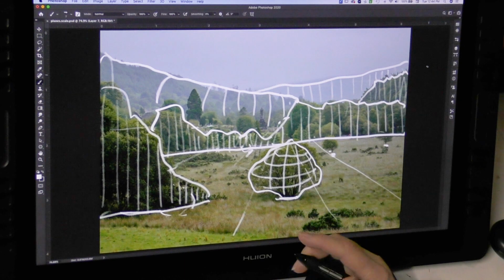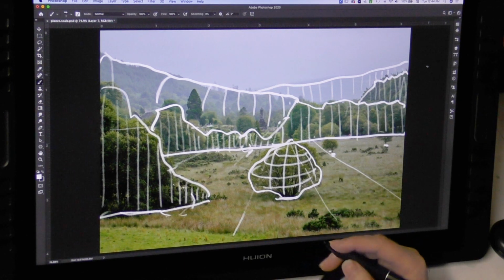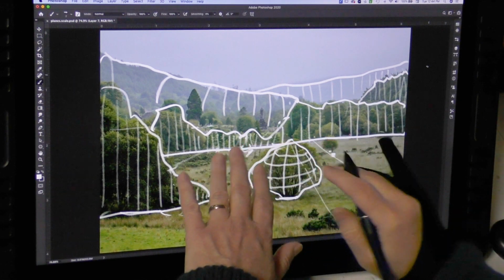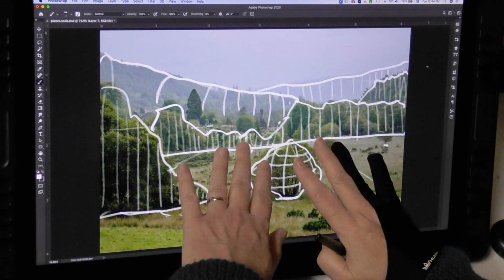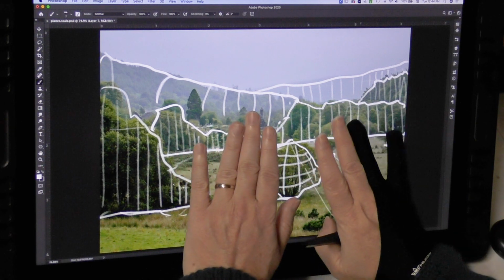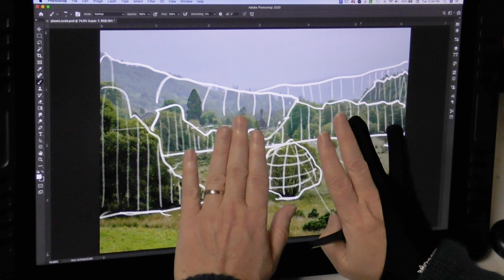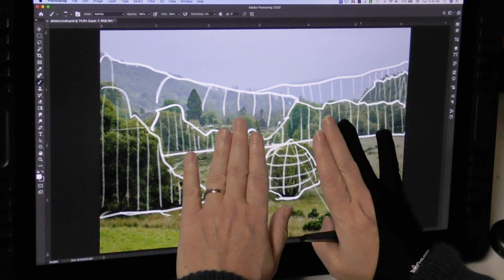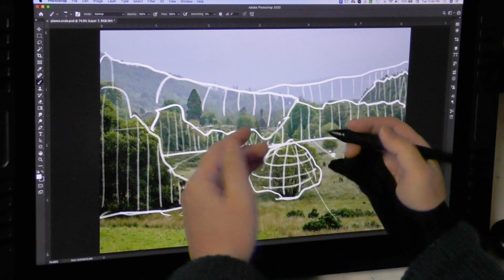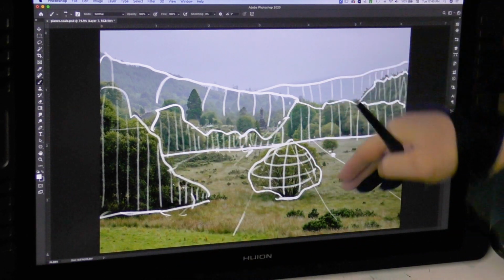I can't tell you how many beginners I see, even intermediate artists, that take these ground planes and raise the perspective of the ground. That's a really common problem, tilting the perspective so that you're seeing things as if you were up above them looking down.